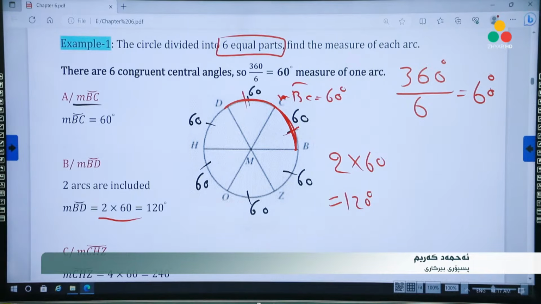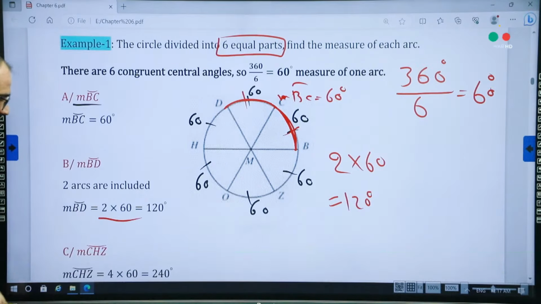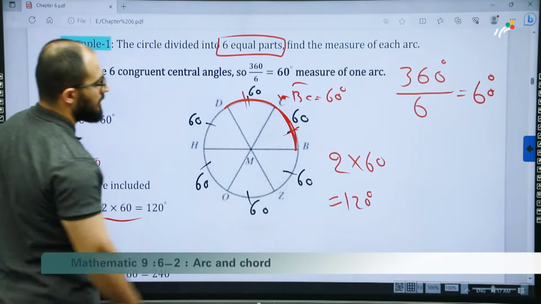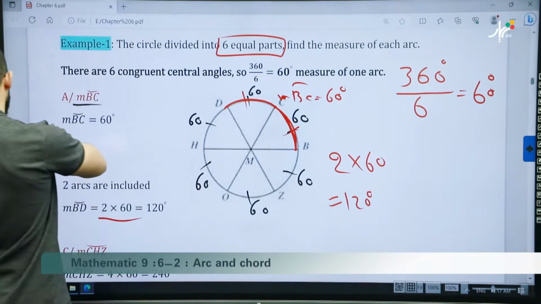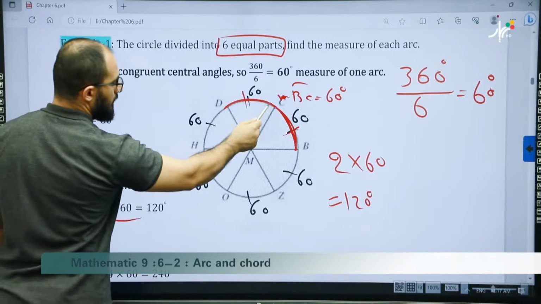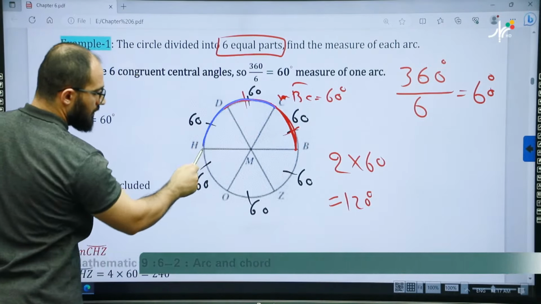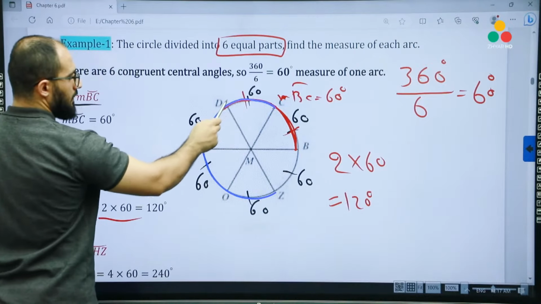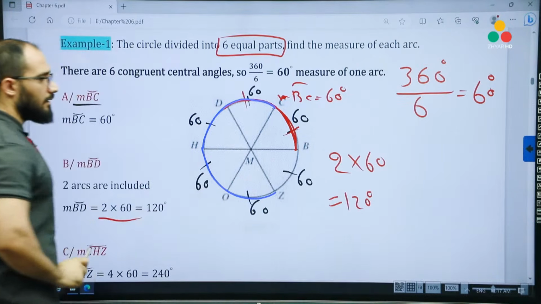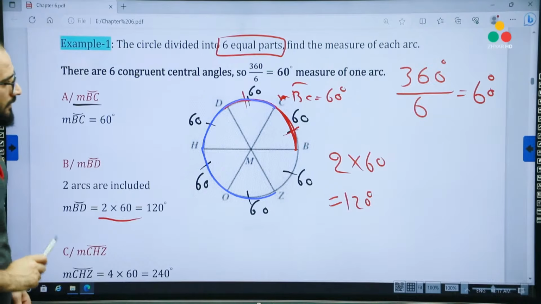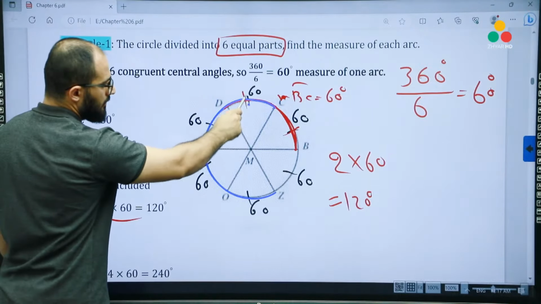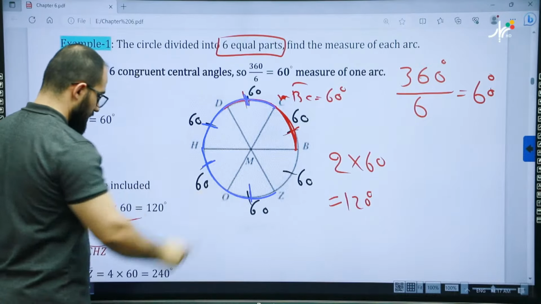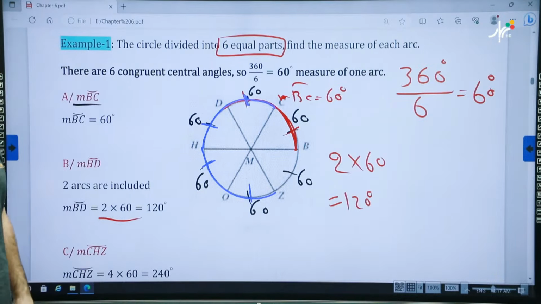Then C says find the measure of CHZ. CHZ. Then how many arcs are included? 1 arc, 2 arcs, 3 arcs, and 4 arcs are included.